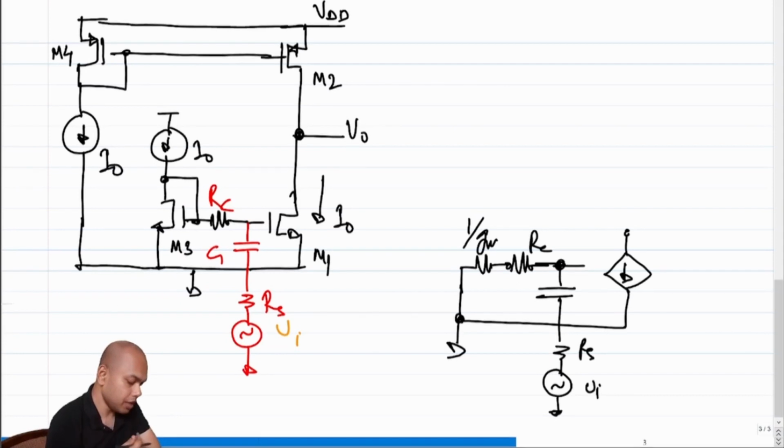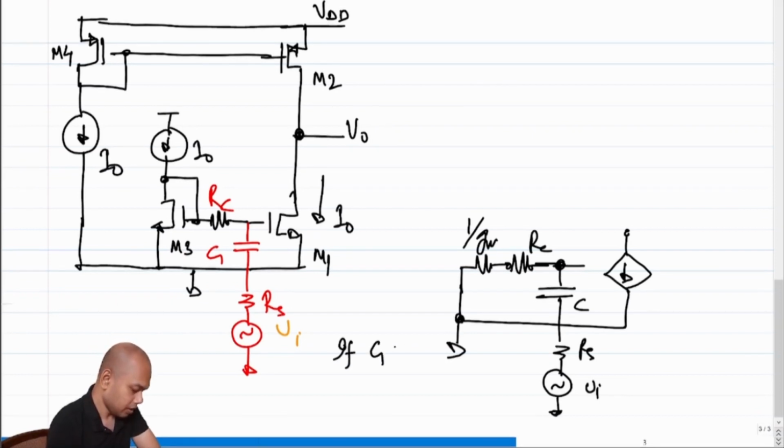And if we size the capacitor in such a way that it is like a short circuit at the signal frequency, and if we size RC in such a way that RC is much greater than RS, right?